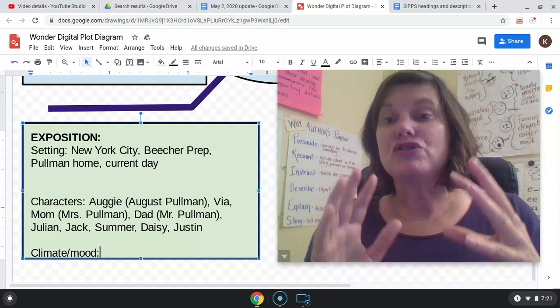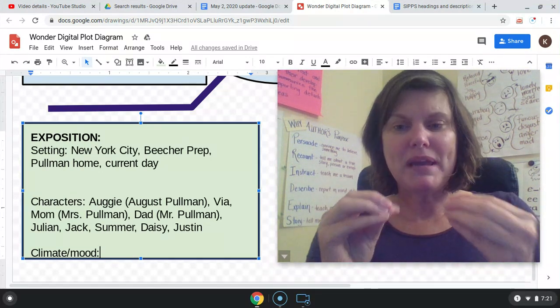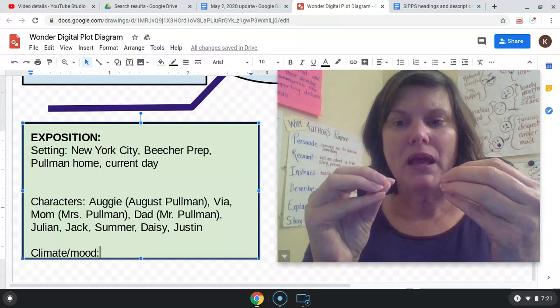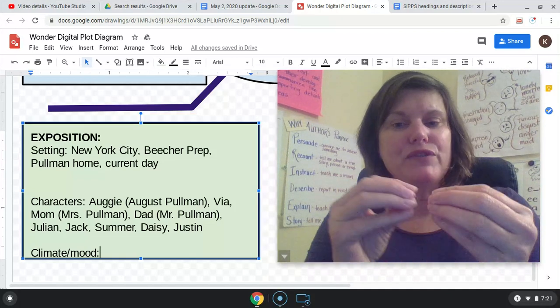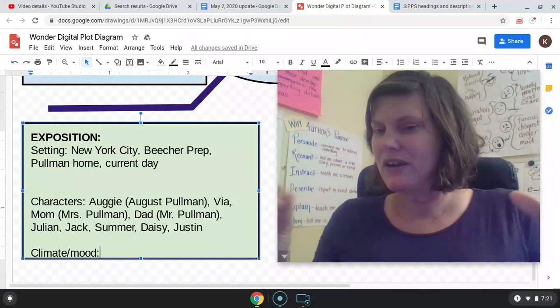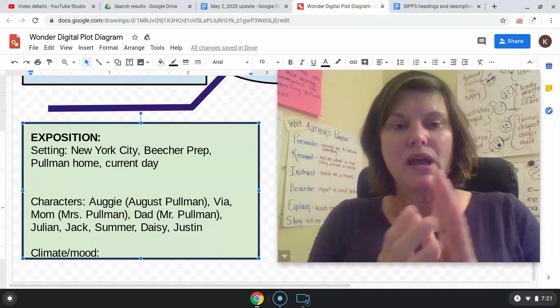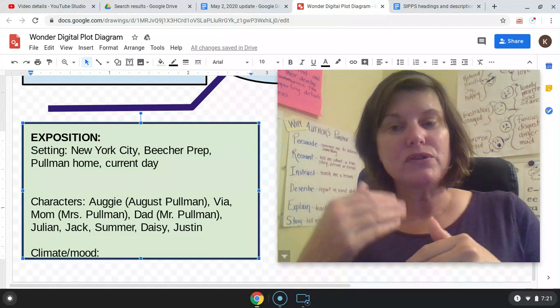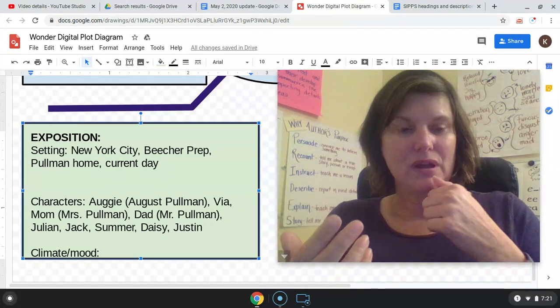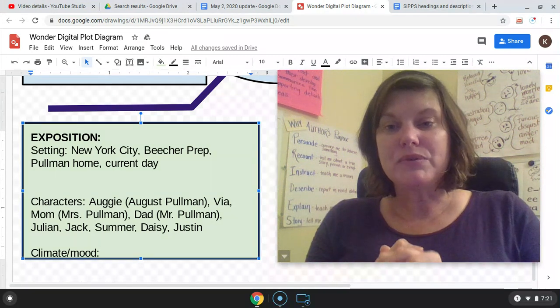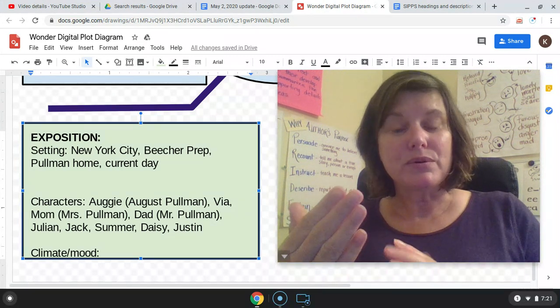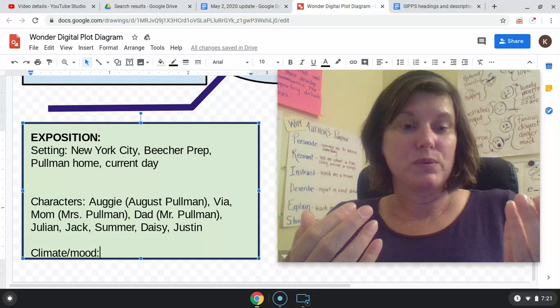And we paid attention to the major characters. The major characters are the people in this story that if you were to remove them, the entire story would change, because there are major characters and minor characters. And a good reader is able to determine what is important and what is not important when they're reading.